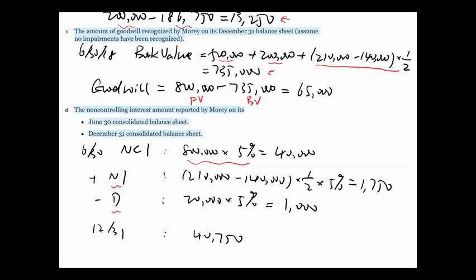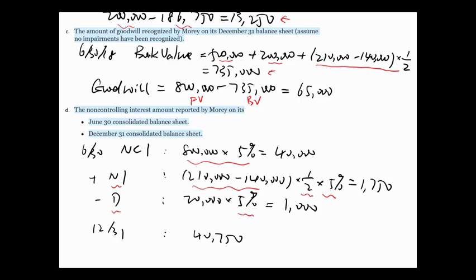So net income would be half of the total net income times 5%, because only 5% can be allocated to the non-controlling interest, and that gives us 1,750. Also, on October 1st, the subsidiary company paid a dividend, so we can allocate 5% of the total dividend to the non-controlling interest, which is 1,000.